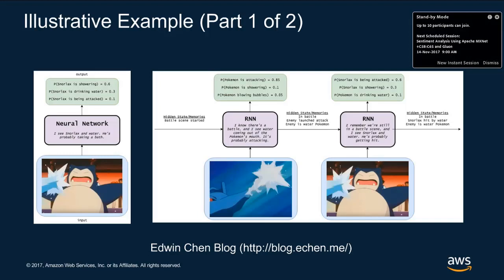And at that RNN cell, you say, I remember we're still in a battle scene, and I see that there's water coming at this creature, and then he's probably getting hit. So with that, you essentially see a probability of 0.6 that he is being attacked. The other probabilities are much lower. And similarly, the hidden state is passed along.